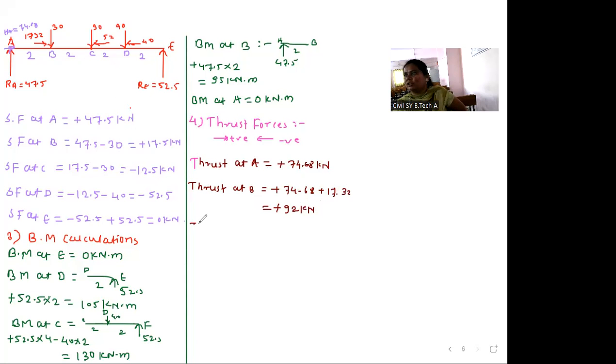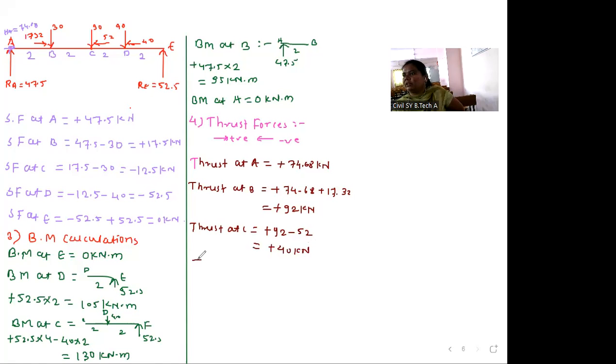After that, we will calculate at C. So thrust at C is equal to, up to C point plus 92, so plus 92 minus, because this is going in this direction, so minus 52, which is equal to plus 40 kilonewton.